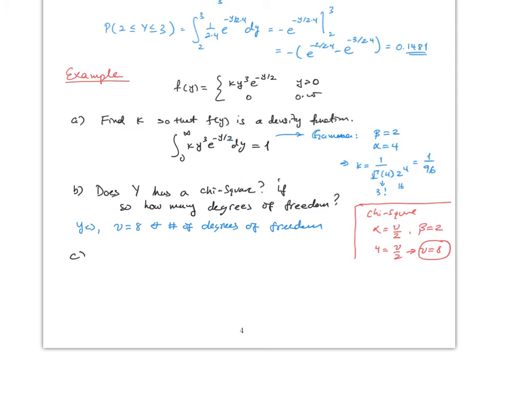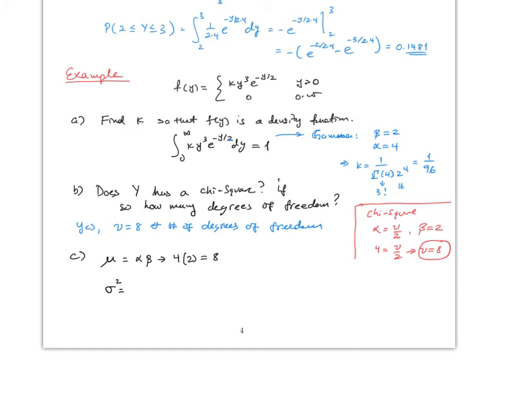Part C is asking what is the mean and what is the standard deviation. Well, remember the mean is equal to alpha beta. So in our case, alpha is 4, beta is 2, so it is equal to 8, which is just nu anyway because it's chi-square.